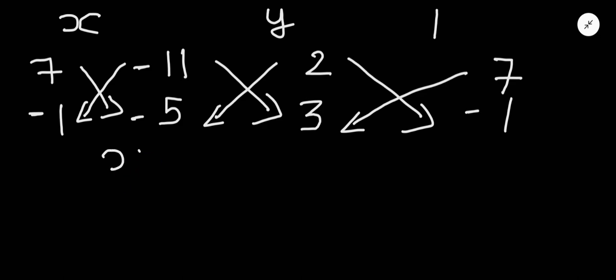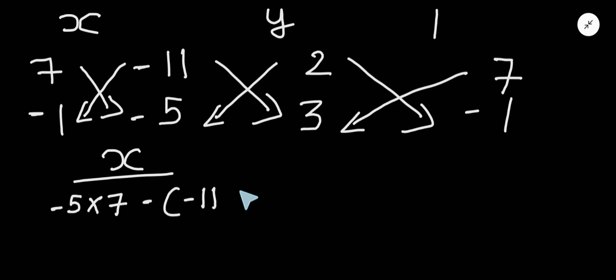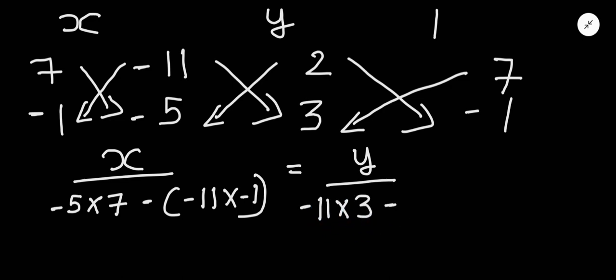So for x, it's minus 5 into 7 minus 11 into minus 1. For y, it's minus 11 into 3 minus 2 into minus 5.